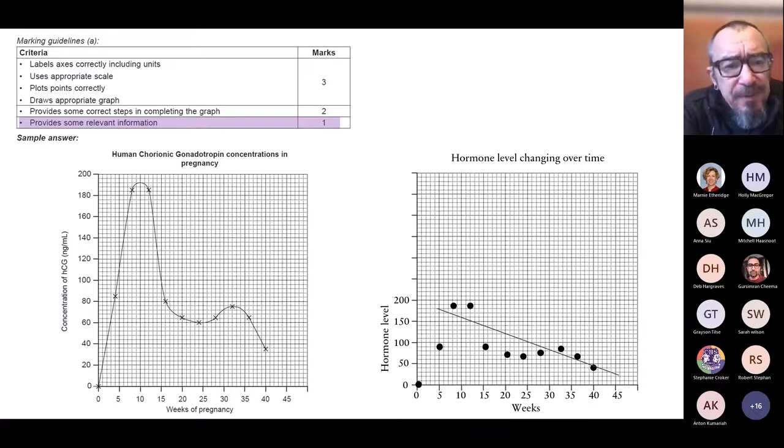So simply putting, in this case, concentration of HCG or weeks of pregnancy on the axes without actually drawing the graph, I guarantee you would have got 1 out of 3. If you apply that same logic across the entirety of your paper, it's a surefire way to accumulate marks. So even if you're uncertain of the answer, rather than rushing and leaving it out, put pen to paper. It's a really important point I'd like to make.